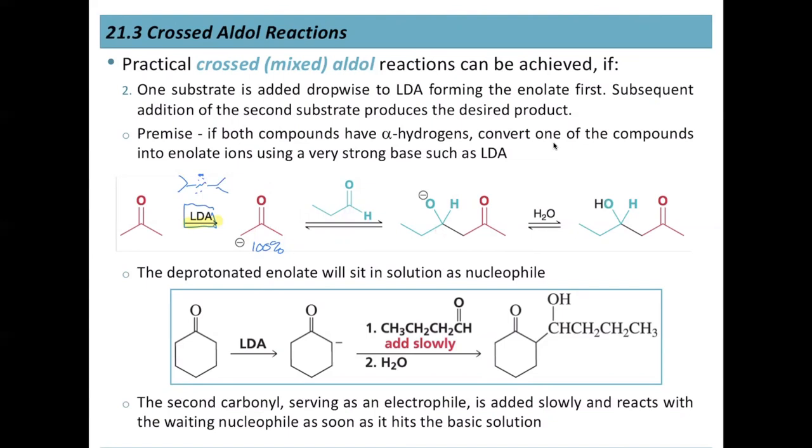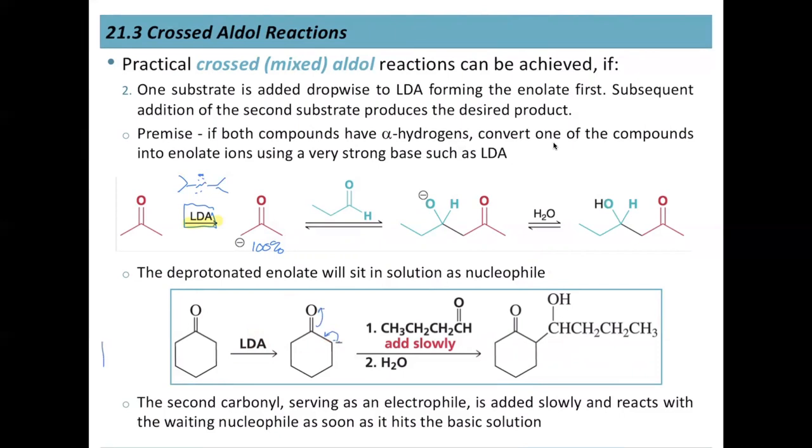And it's not a free-for-all between a bunch of different compounds with alpha protons. So the key is the deprotonated enolate will sit in solution as the nucleophile. So we deprotonate it. You do this at cold temperatures and it just sits around. It's all deprotonated. It's not going to react with another molecule. And the reason for that is everyone in solution is in the form of an enolate.